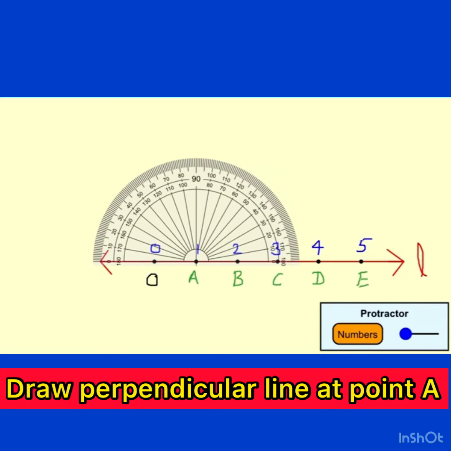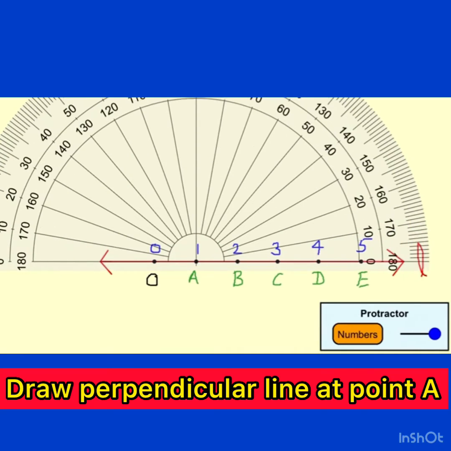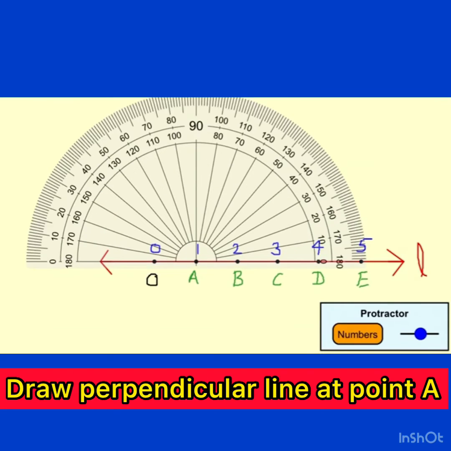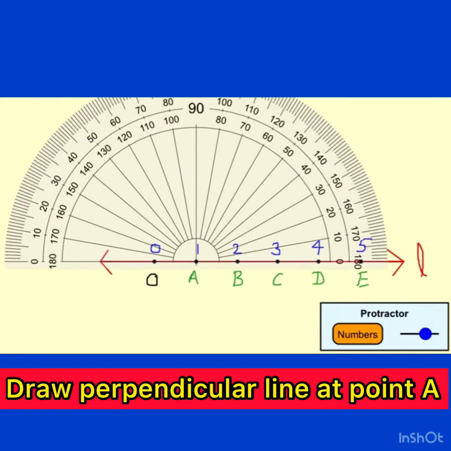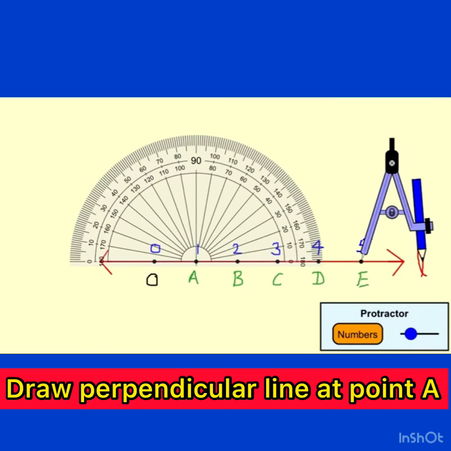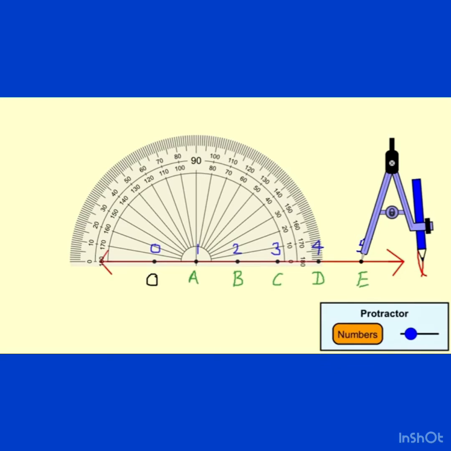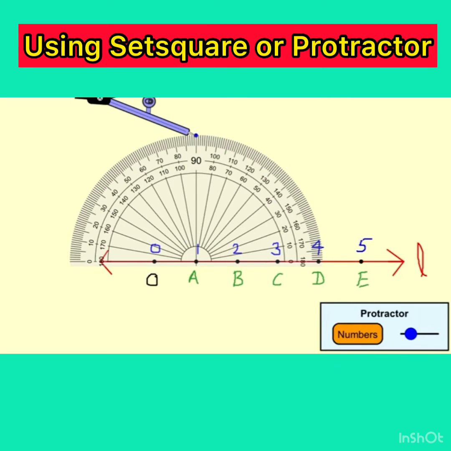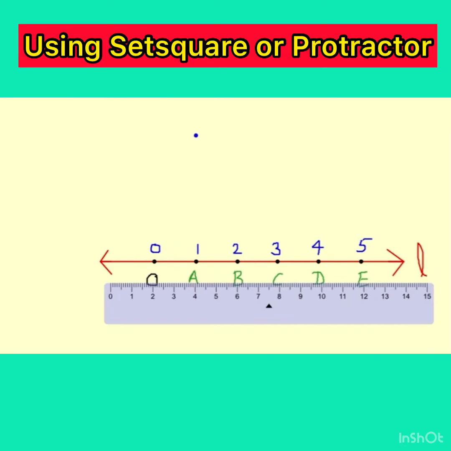And after that we will draw a perpendicular line using set square or protractor. So let it, this is the protractor and we will put here just like that on the point A, and mark a dot just at 90 degree। 90 डिग्री पर हम इसको मार्क करेंगे। तो आप देख सकते हैं, this is the protractor and here will be put the middle point at just A and mark a point, just you can see that 90°.